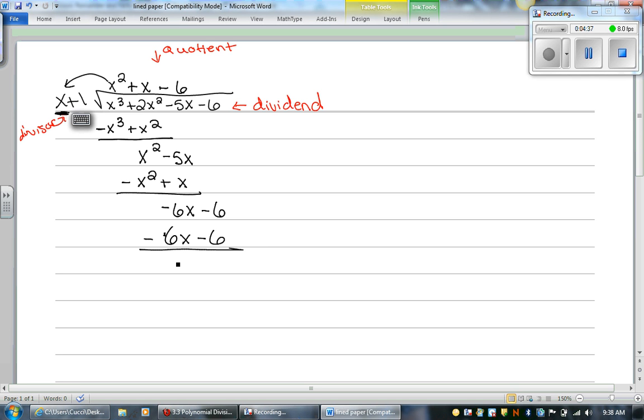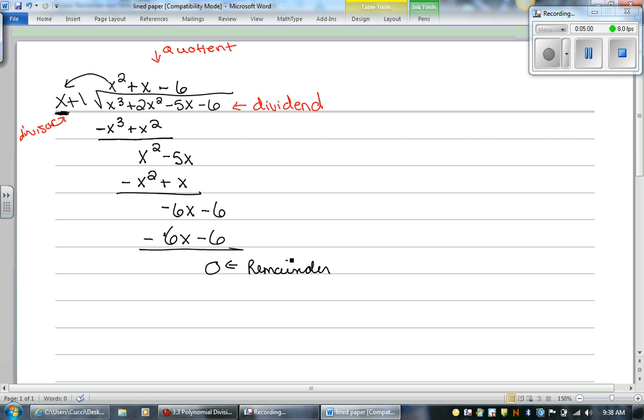Subtract, and that gives me 0 and 0. So here's my remainder. My quotient is x squared plus x minus 6.